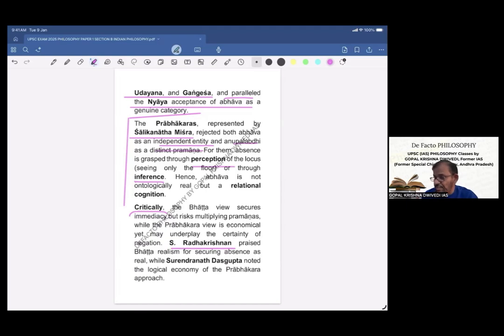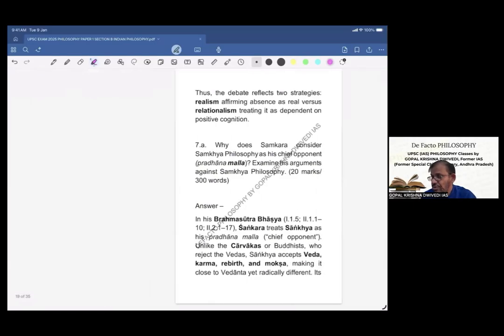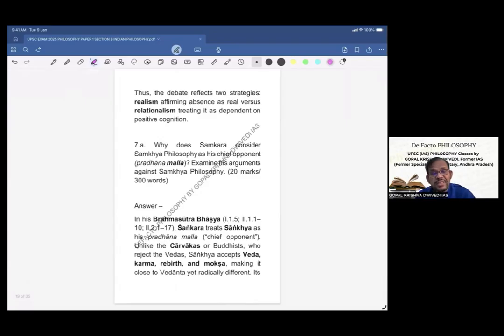S. Radhakrishnan praised Bhatta realism for securing absence as a real, but Surendranath Dasgupta noted the logical economy of the Prabhakara approach. Thus, the debate reflects two strategies: realism, affirming absence as real, versus relationalism, treating it as dependent on positive cognition. So these are the two views: relationalism and realism.